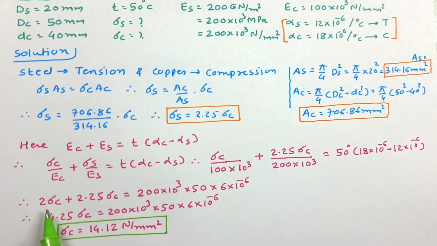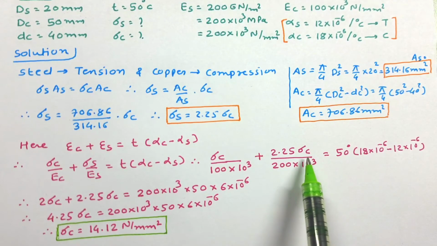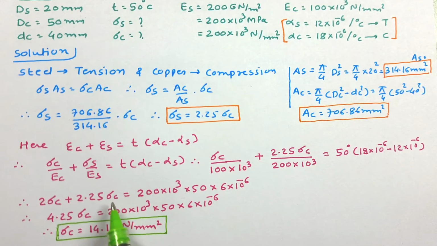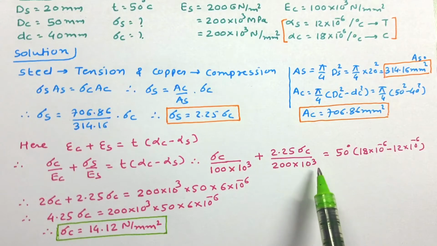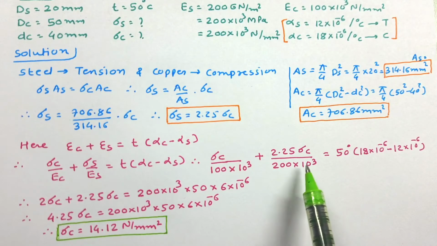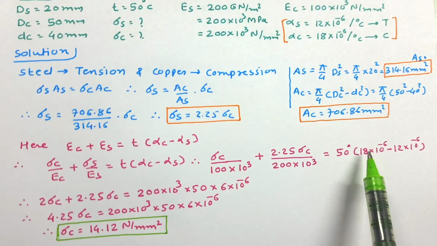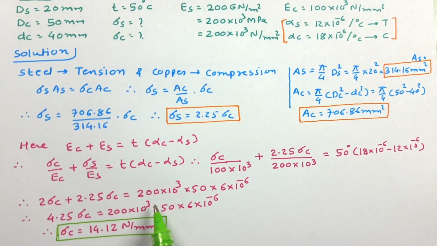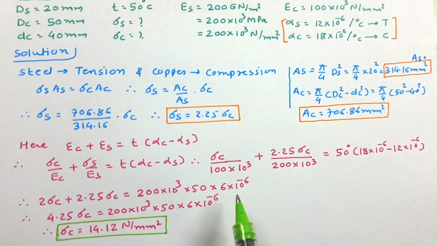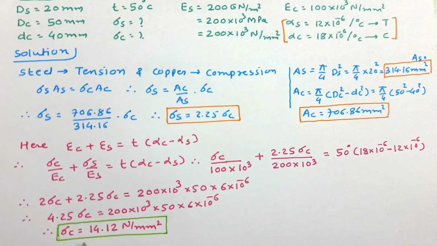Here we have taken the LCM and the equation converts to 2 sigma C. Here 2.25 sigma C is as it is, and the LCM 200 into 10 raised to 3 is taken to the other side of the equation. So it becomes like this, and here it is again simplified. Finally, the value of sigma C has been calculated as 14.12 Newton per mm square.